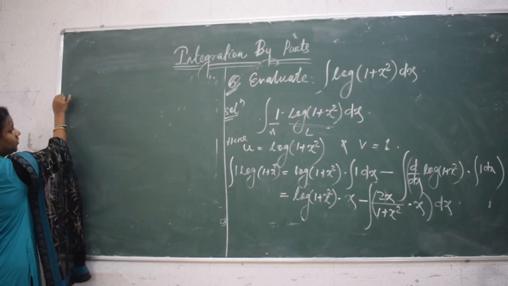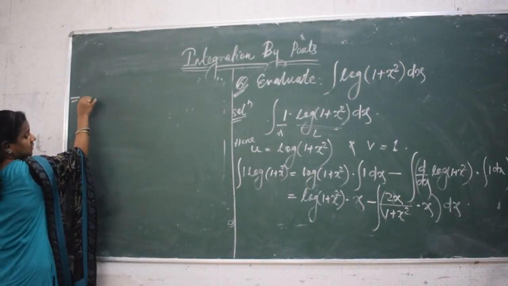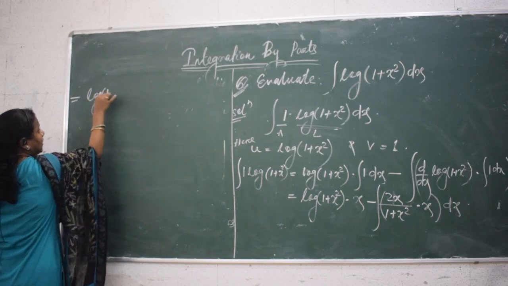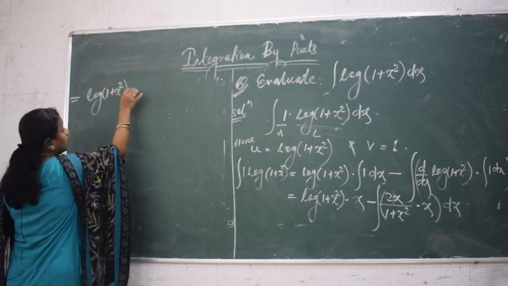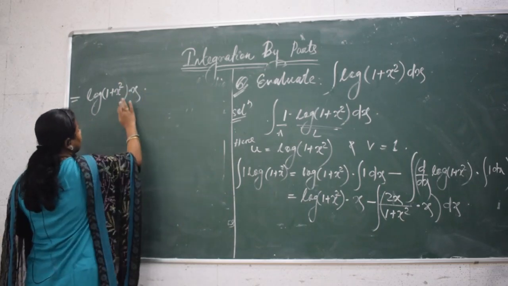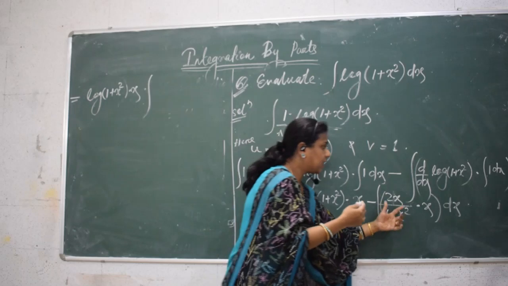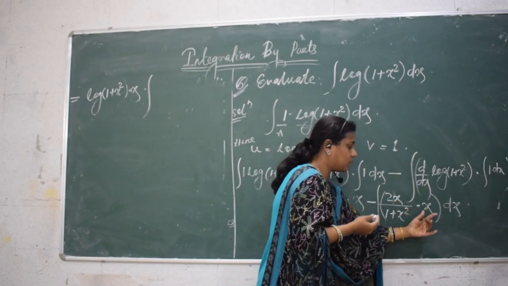Here what will you do now? Now you have to multiply: log of 1 plus x square into x is there, into integration. You have to multiply the derivative of the first function and the integration of the second function.